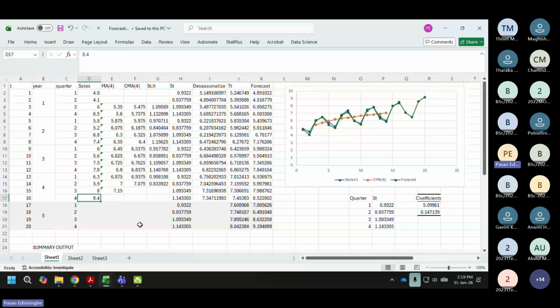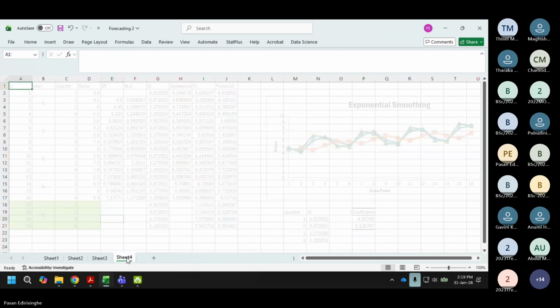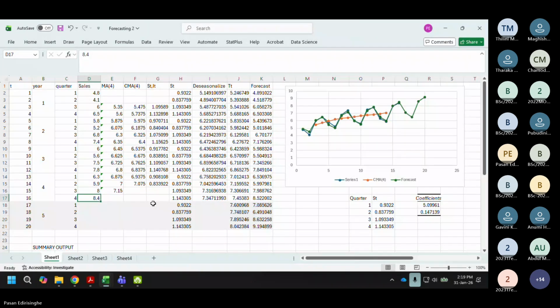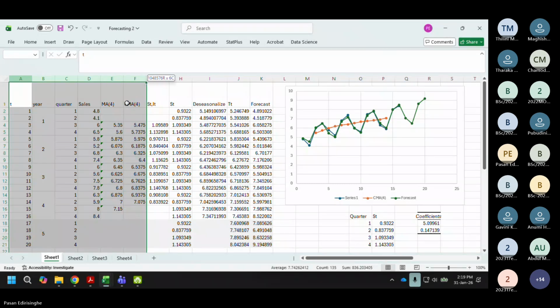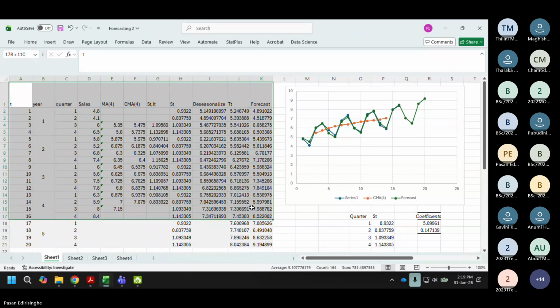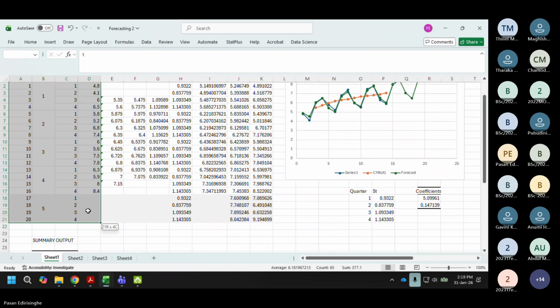I have the other file here, like this one.